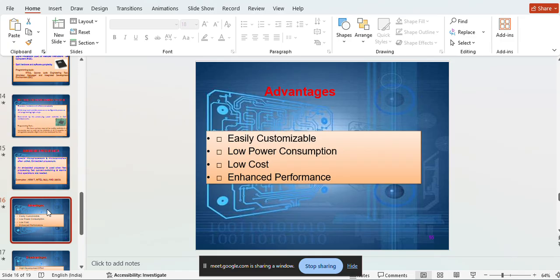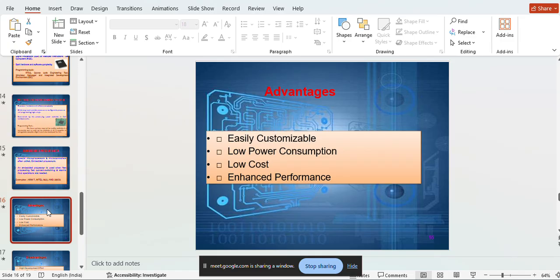If you have done the project for only temperature, I will say add a humidity sensor, add motion sensors, add gas sensors. So you can easily modify the completed embedded system. There will be no difficulties. You can simply add the sensor, modify the program and upload it to the controller. Simple. That's why it is called easily customizable.